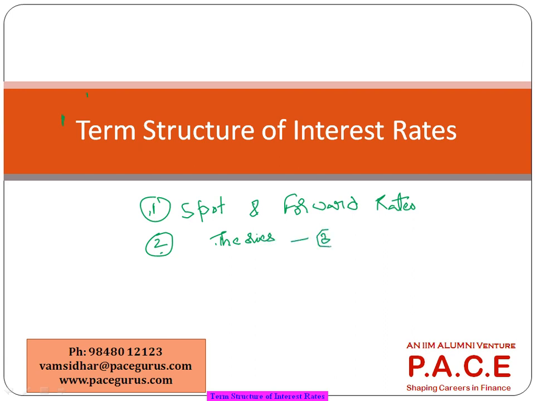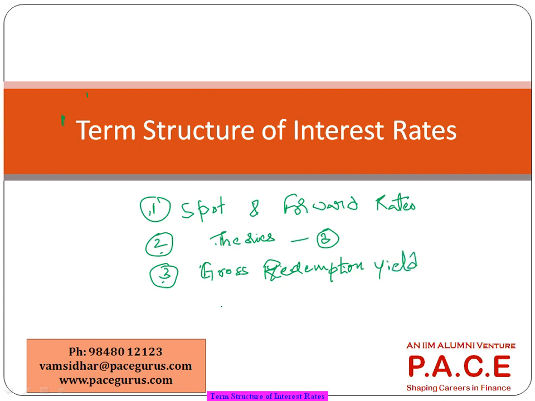We'll talk about three different theories that drive the term structures of interest rates, so we'll be spending some time on that. Finally, towards the end, we also will look at what we call gross redemption yield when we talk about interest rates and bonds.